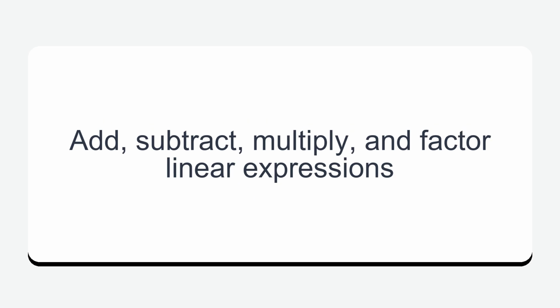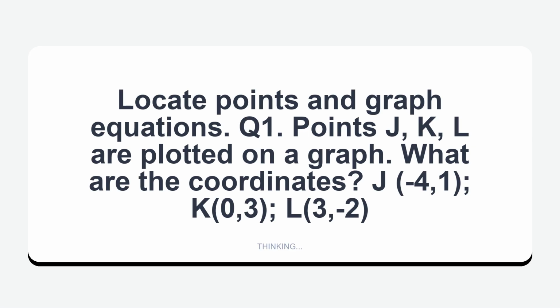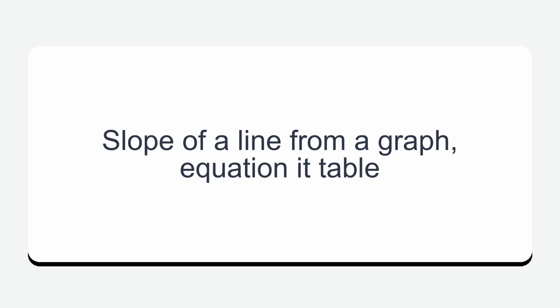Add, subtract, multiply, and factor linear expressions. Locate points and graph equations. Q1. Points J, K, L are plotted on a graph. What are the coordinates? J (-4, 1), K (0, 3), L (3, -2). Slope of a line from a graph, equation, or table.